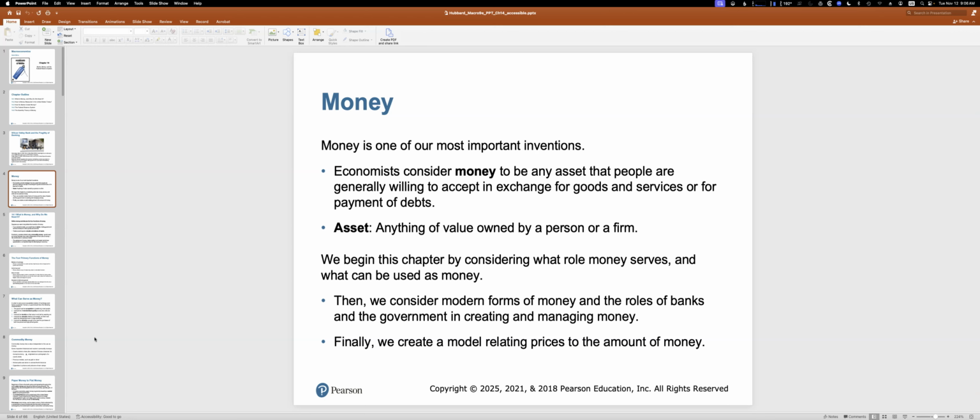It's just a piece of paper that says the U.S. government pledges that this will be worth $1. But there's nothing backing it up. And again, the thing that gives it value is the fact that people are willing to accept it.